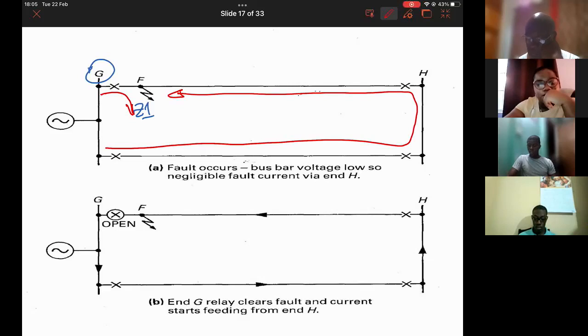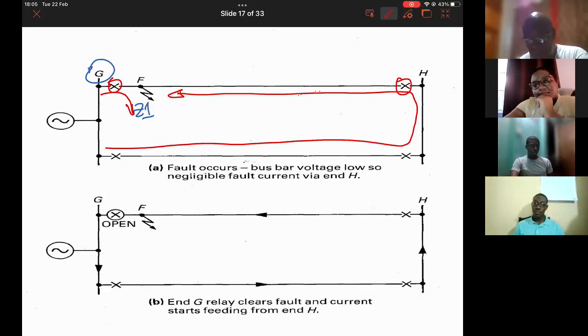What you want to have happen is that both breakers at G and H operate, okay? But because it is closer to G, this one would have operated in zone 1. At end H, however, it would see a zone 2 fault.